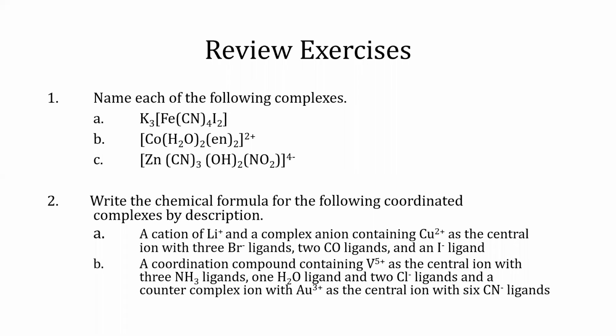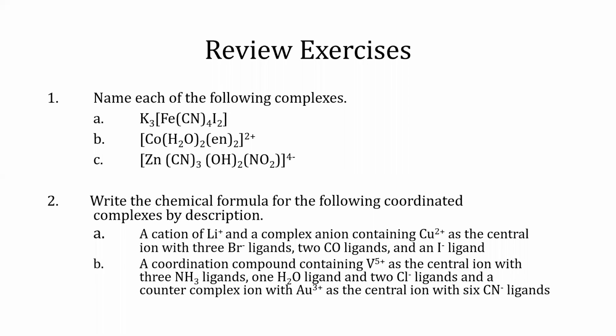2. Write the chemical formula for the following coordination complexes by description. A. A cation of Li+ and a complex anion containing Cu2+ as the central ion with 3 Br- ligands, 2 CO ligands, and an I- ligand.